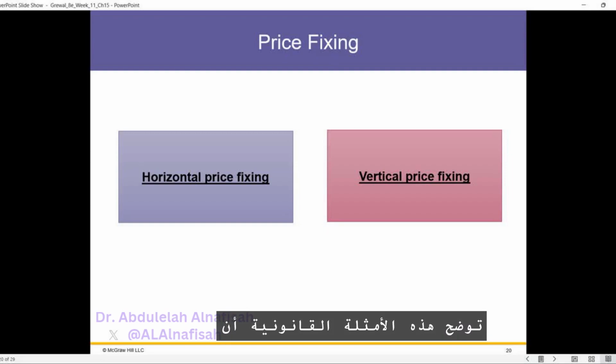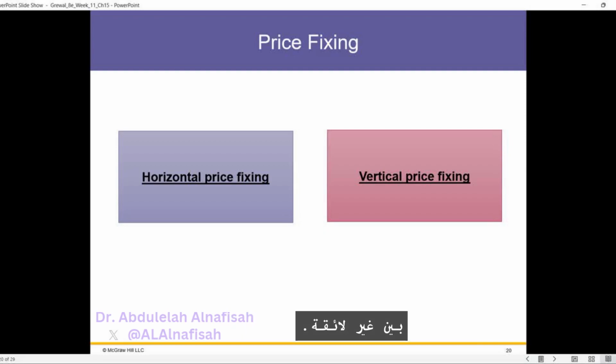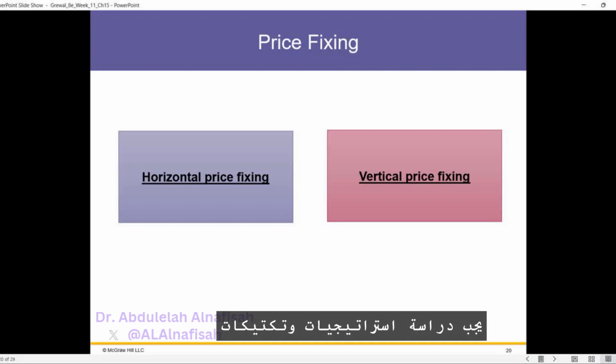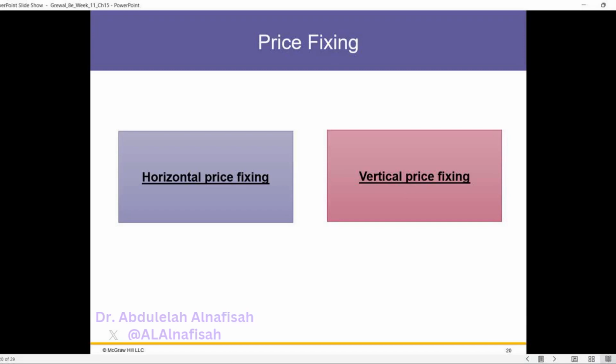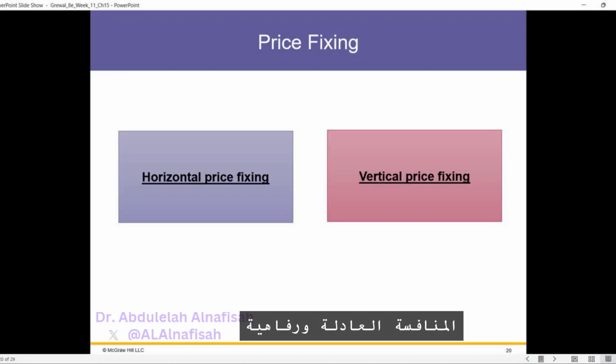These legal examples demonstrate that pricing decisions involve ethical considerations. Marketers must strike a balance between inducing customers to find value through pricing and maintaining fairness and honesty in their dealings. Pricing strategies and tactics should be carefully considered to benefit both the seller and the buyer while upholding the principles of fair competition and consumer welfare.